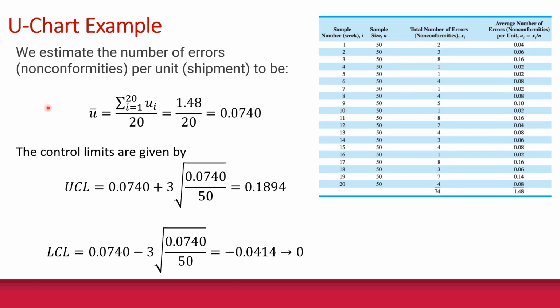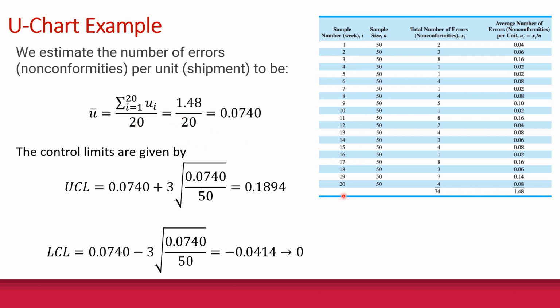Here we can estimate the number of errors or nonconformities per unit. U bar is the sum from i equals 1 to 20, since we had 20 sample weeks, of u_i, which is this column that we've calculated, the 1.48, divided by the number of samples, which is 20.